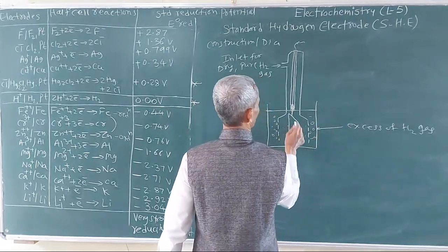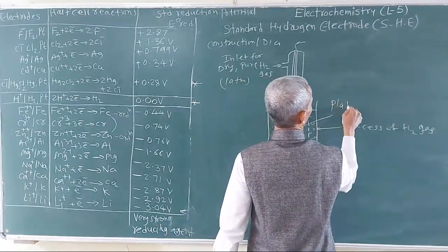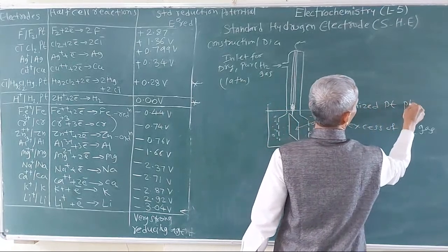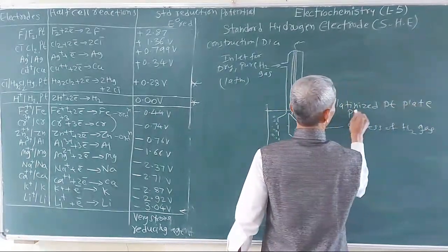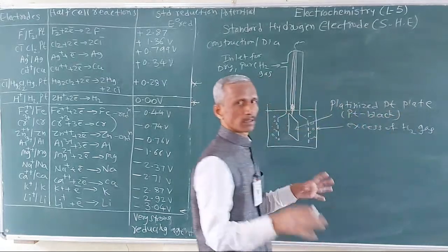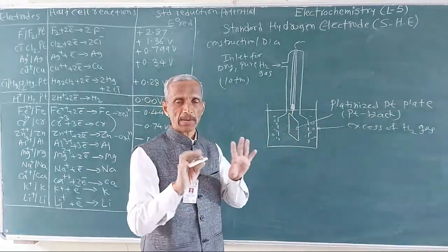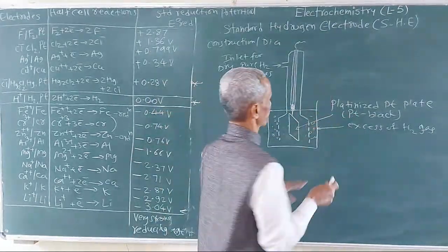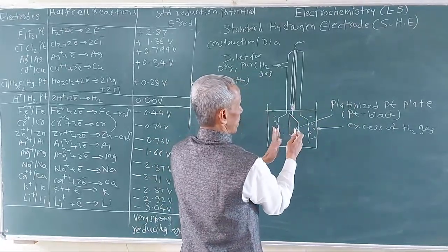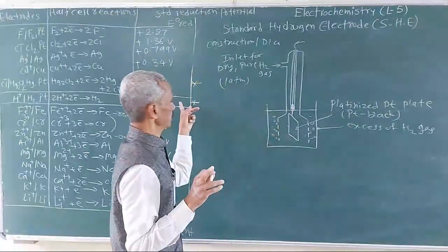The very important part is the platinum plate, also called platinum black, because of its appearance: platinum powder is coated on the platinum plate and it appears black. The hydrogen is adsorbed here and a double layer is formed, but the EMF is very small and is considered to be 0.